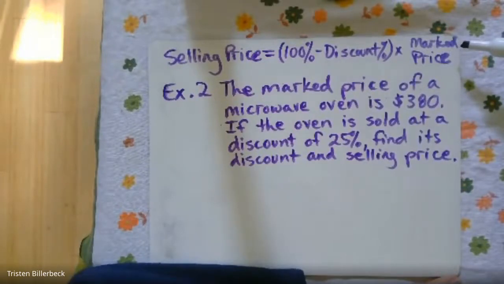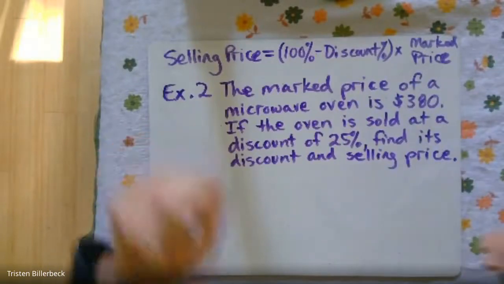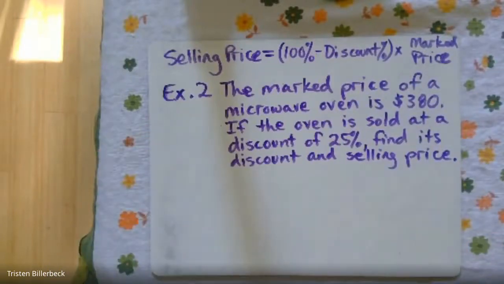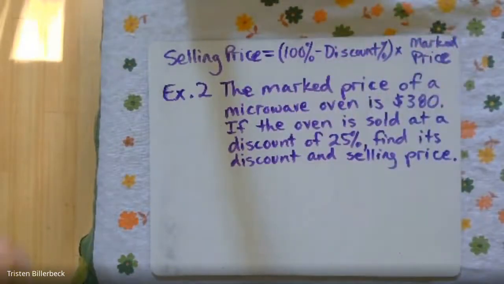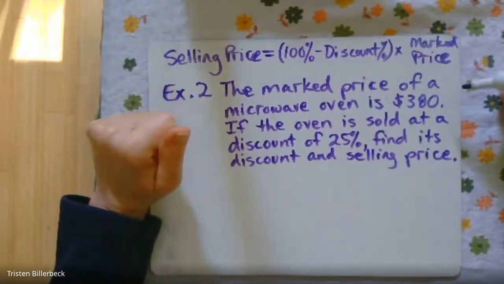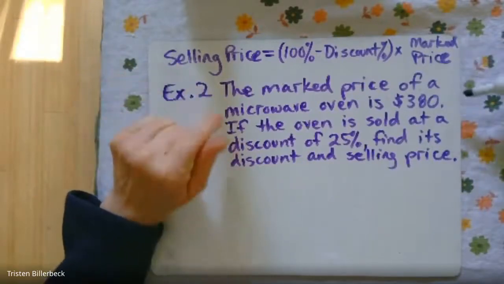So that's the selling price. Okay, so I should have put that back into my normal equation. So I'm going to do that for you now since I wrote this without thinking about my normal equation. So let's put it in terms of Ms. Billerbeck's equation of choice, not your books.